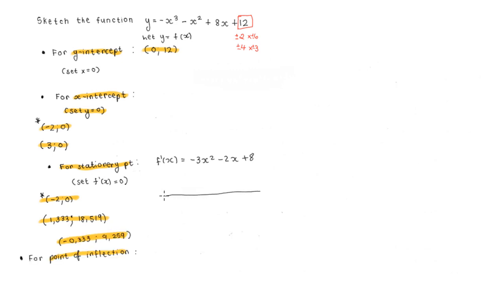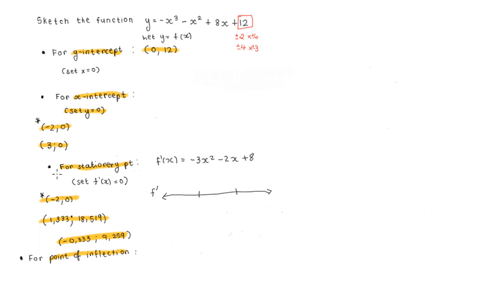Okay, so for our intervals of increase and decrease, we just draw ourselves a derivative number line and you put f prime next to it, just to remind yourself that the test values on this number line must be substituted into your f prime formula. So what are your critical points on this number line?